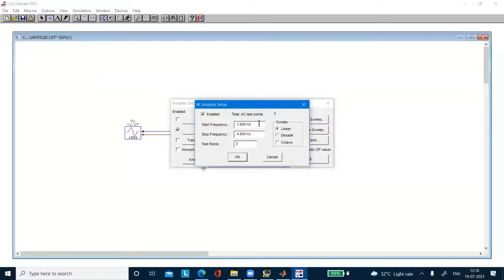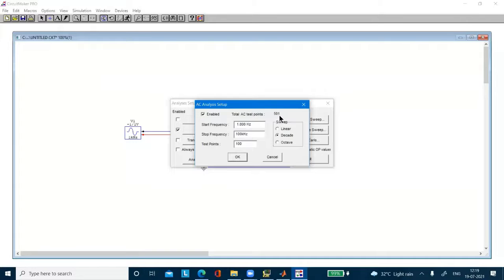Start frequency 1 Hz. Stop frequency 100 kilohertz. Just remember, CircuitMaker is nothing but SPICE. Scale decade, DEC. Number of test points, 100 test points per decade.